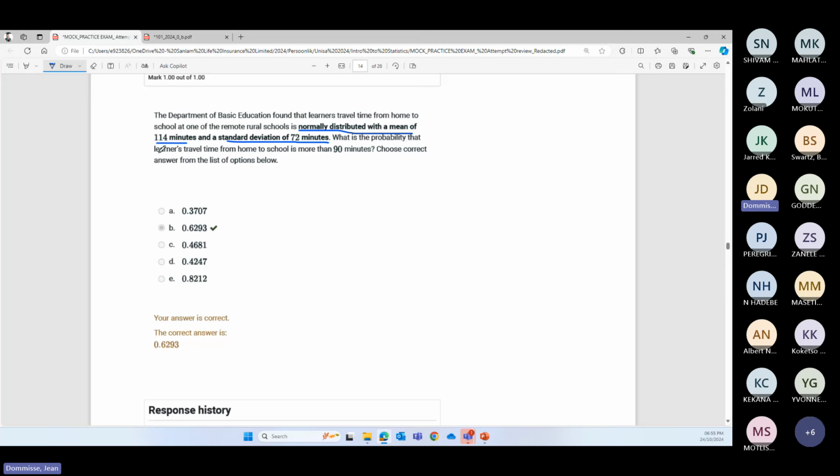What is the probability that learners' travel time from home to school is more than 90 minutes? Okay, so if you get this, do we use a Z or a T?